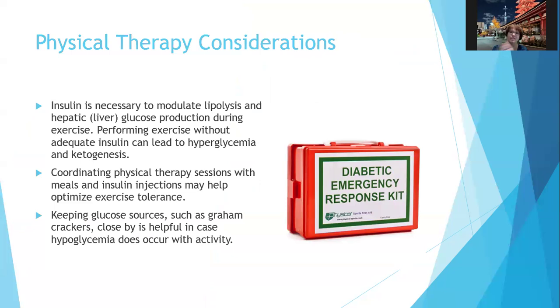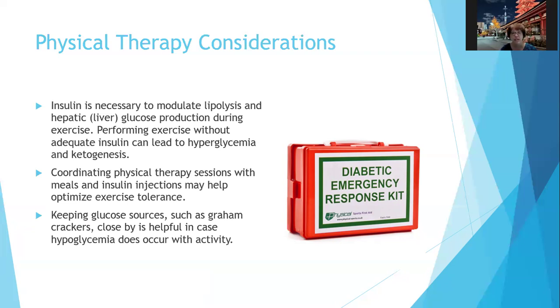A lot of PT clinics have a diabetic emergency response kit. The insulin is necessary to maintain proper lipolysis and glucose production during exercise. So performing exercises without adequate insulin can lead to hyperglycemia and ketogenesis, and that could lead to diabetic ketoacidosis.